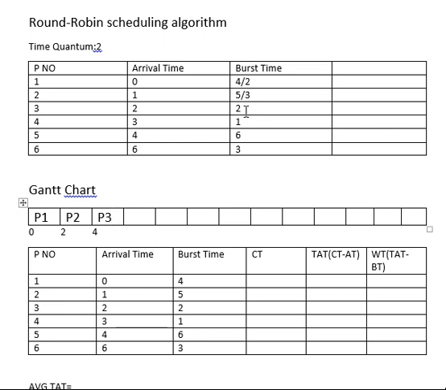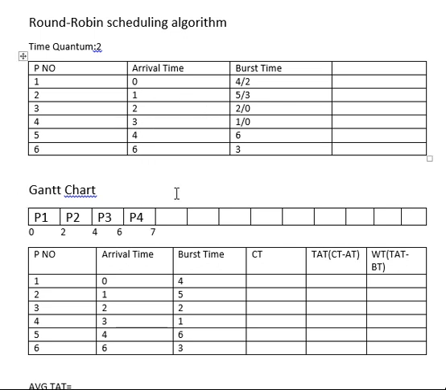Next in the queue is P3. P3's burst time is 2 and the time quantum is also 2, so P3 will be executed completely in the first slot itself. So here it becomes 4 plus 2, that's 6, right? Next one is P4. The burst time required by P4 is 1, which is less than the given time quantum, so we allocate that 1 to P4, so it becomes 6 plus 1, that's 7.